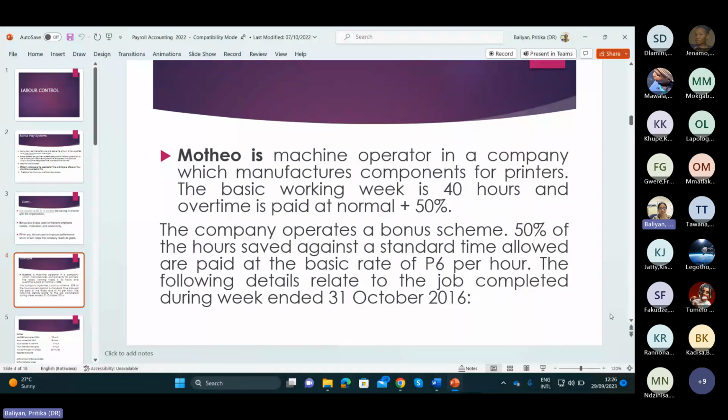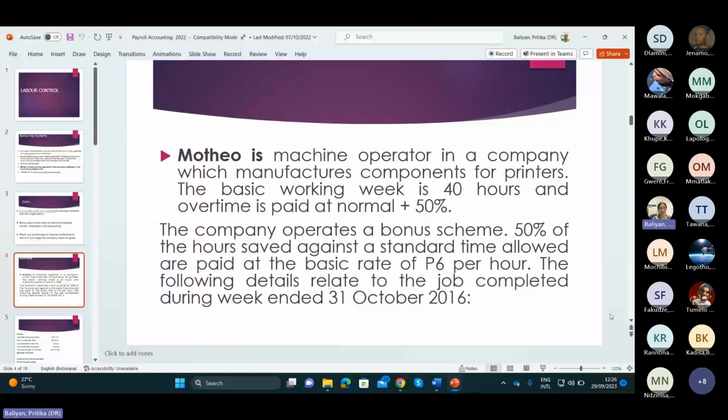The company operates a bonus scheme where 50% of the hours saved against the standard time allowed are paid at the basic rate of 6 pula per hour. The following details relate to the job completed during the week ended 31st October 2016.